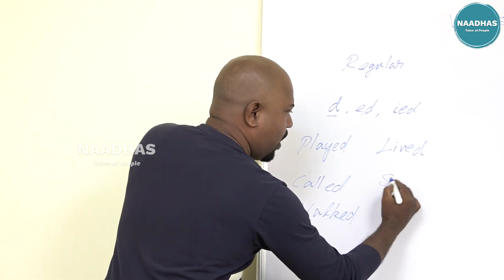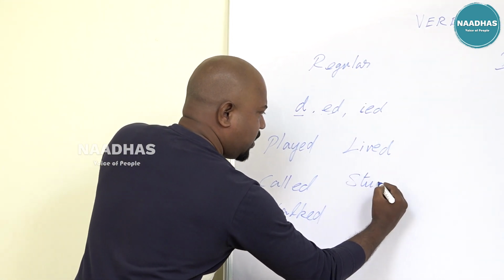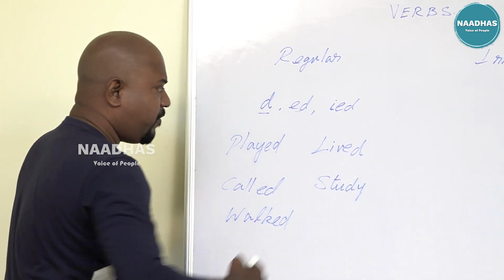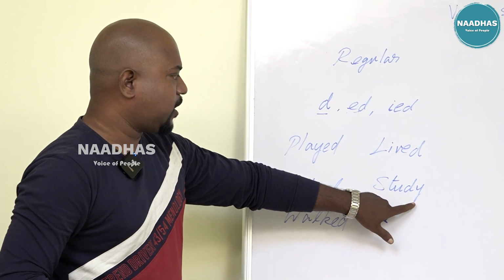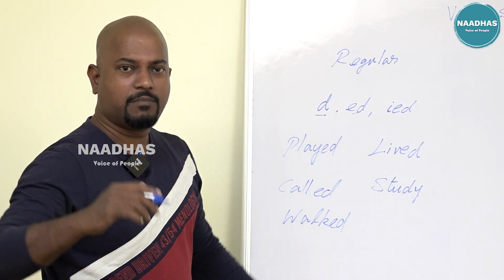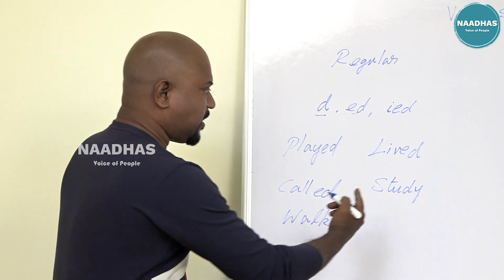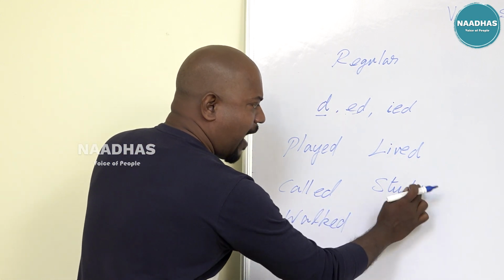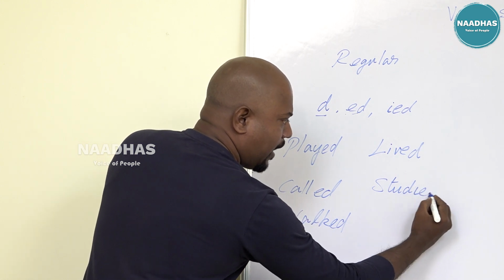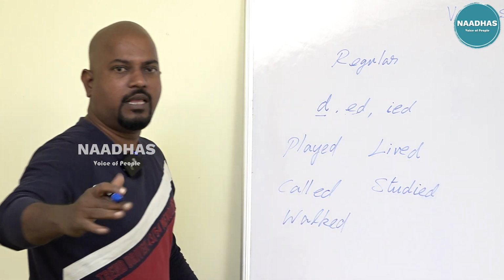For example, I study, S-T-U-D-Y, study. So, as I said before, sometimes Y, it's a magical letter because sometimes it acts as a vowel, all right? So, study, when I have to add IED, I will cut the Y, IED, studied becomes the past tense.